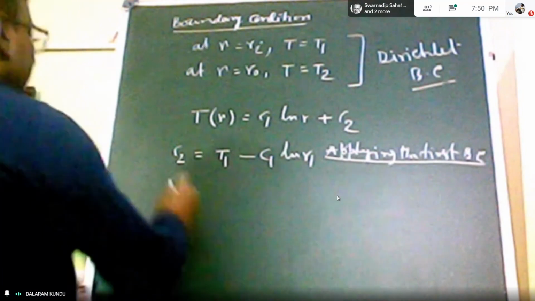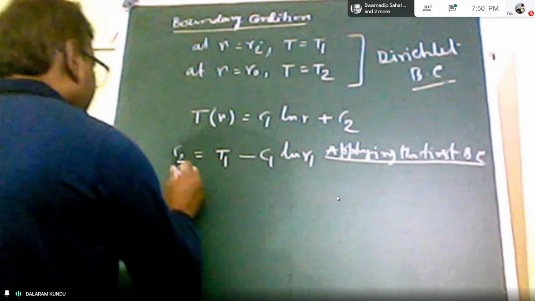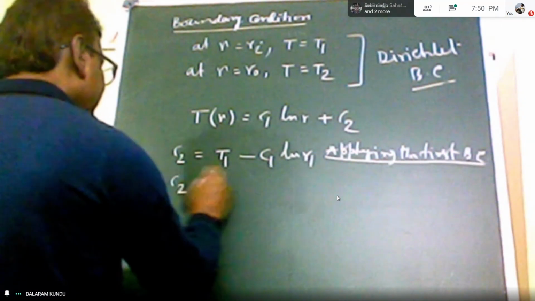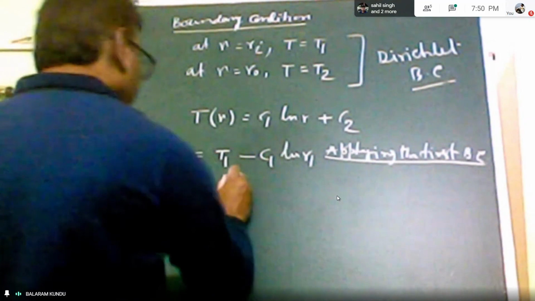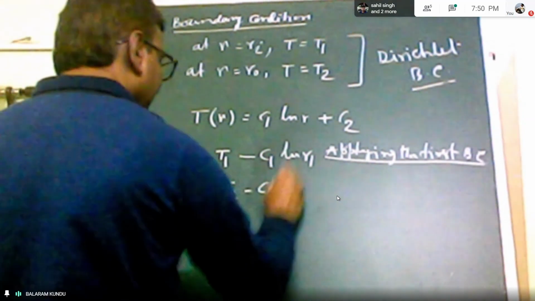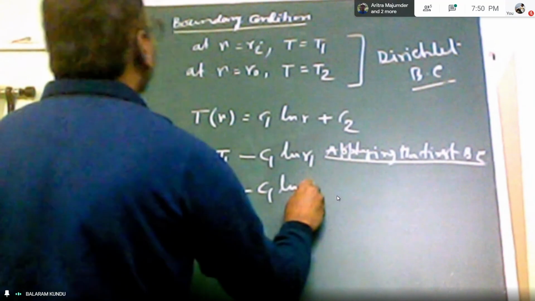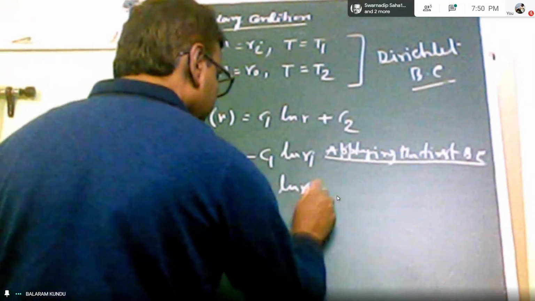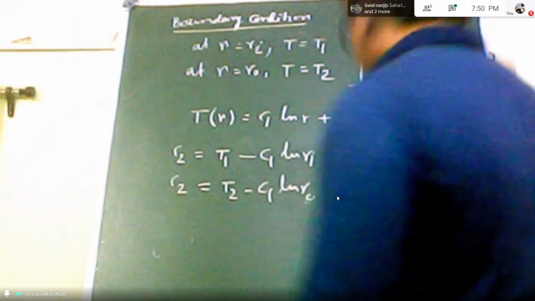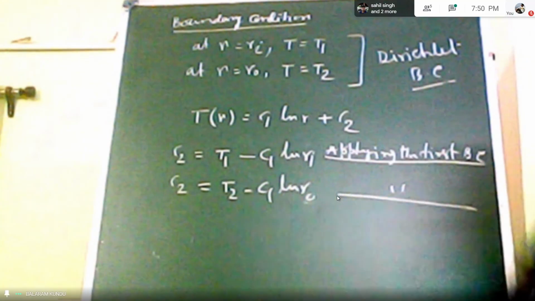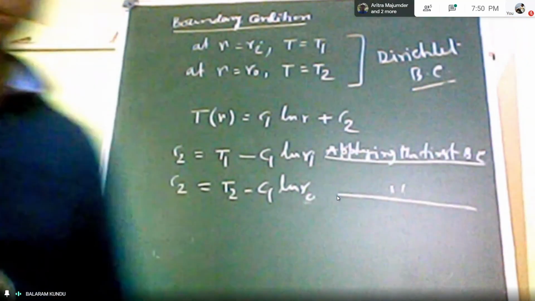Applying the second boundary condition, C2 equals T2 minus C1 ln Ro; here Ri is the inner radius and this is your Ro. Now eliminate C2 and we will get the constant C1.